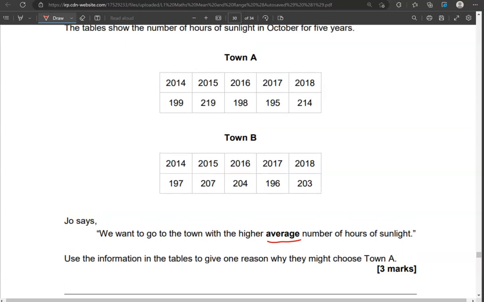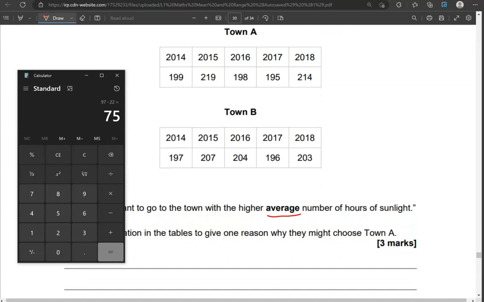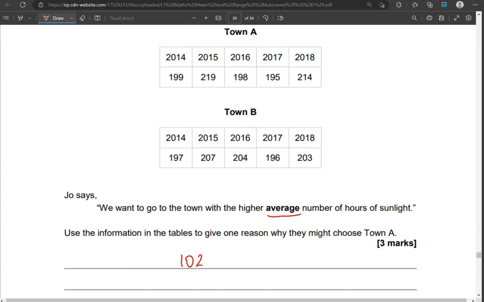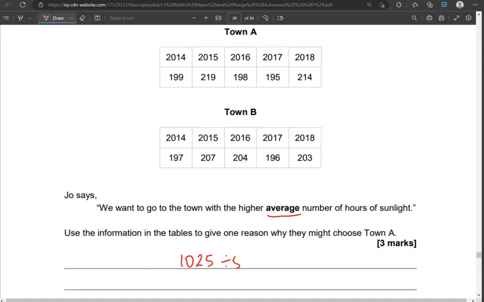Let's work out the mean number of hours of sunlight for town A. So we'll do 199 add 219 add 198 add 195 add 214, so that is 1025, divided by 5, which is 205.